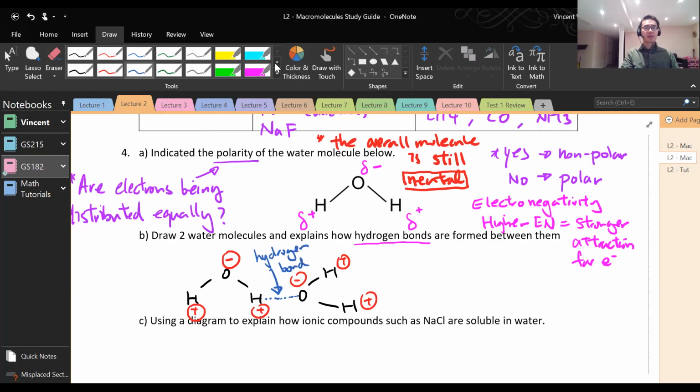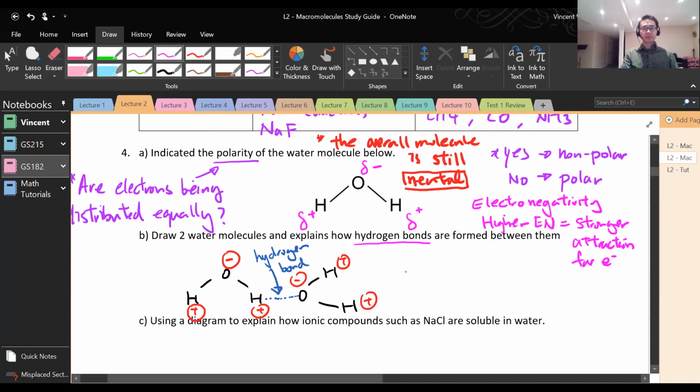So I'm going to give you the definition of a hydrogen bond. This is a simplified version. It's not entirely correct, but it will be sufficient for our purpose.